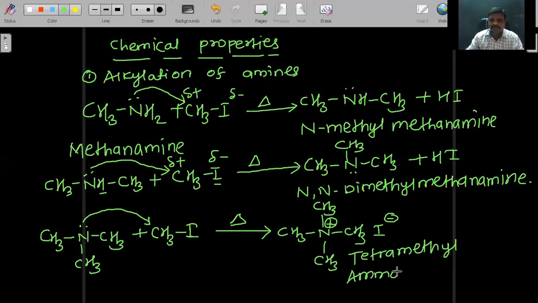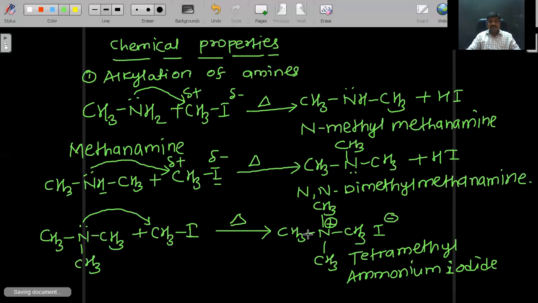This is the final product. So this reaction gives a mixture of products. The primary amine gives a secondary amine, which gives a tertiary amine, and the tertiary amine gives a quaternary ammonium salt.